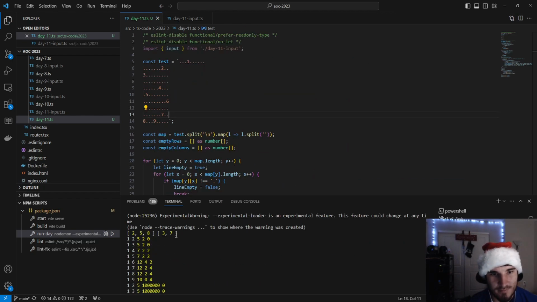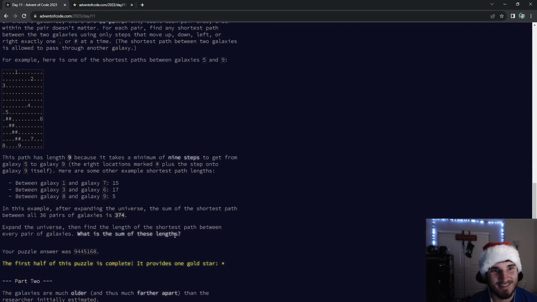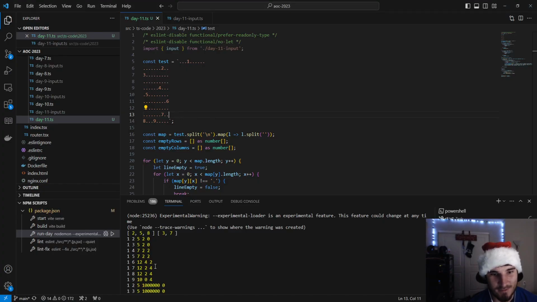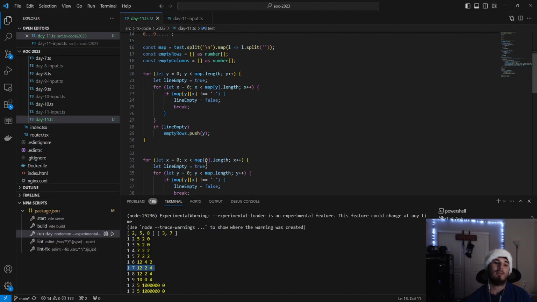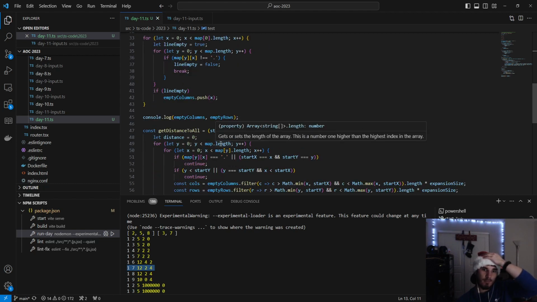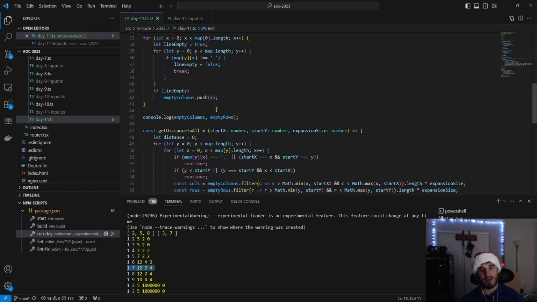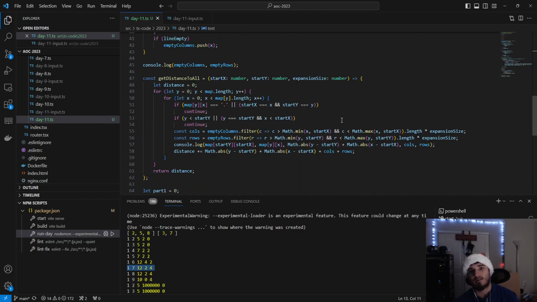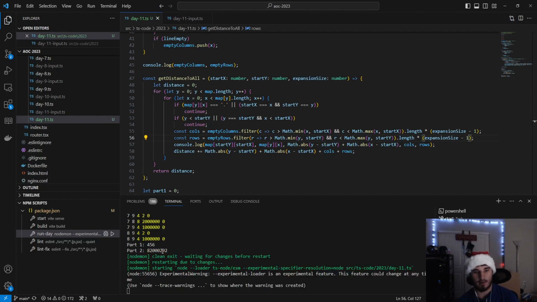Alrighty. 1 to 7 is 15. 1 to 7 is 12. All right, you gotta subtract. Right, expansion size minus 1 because it's already being calculated once in that math there.